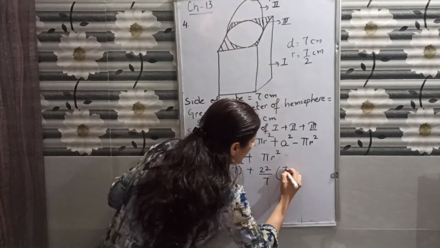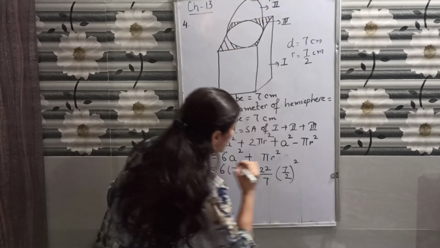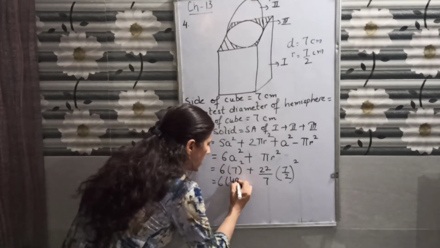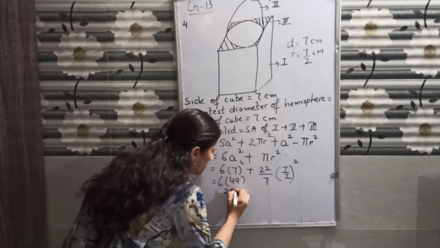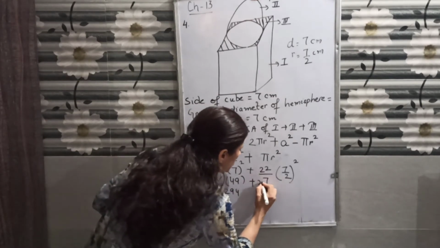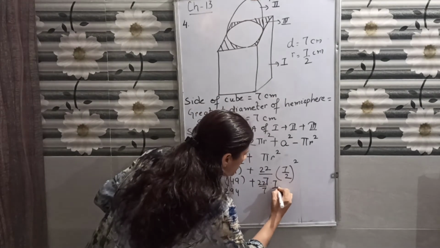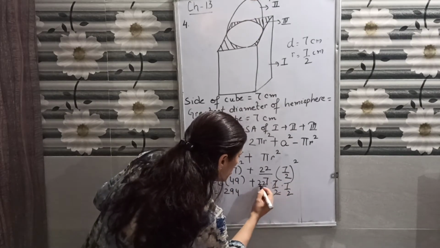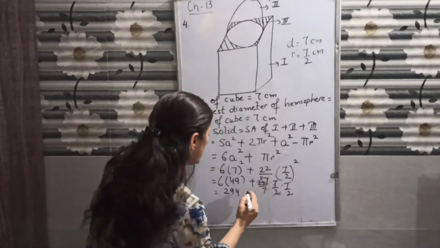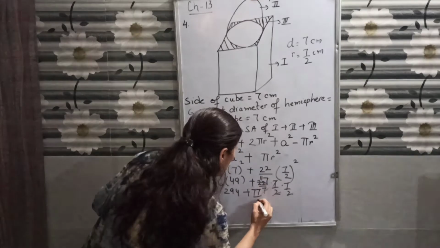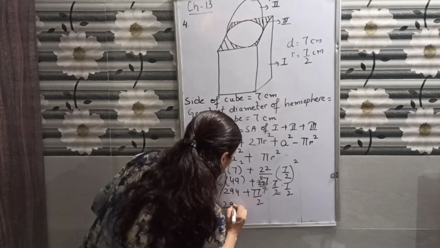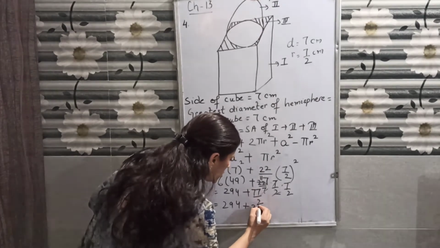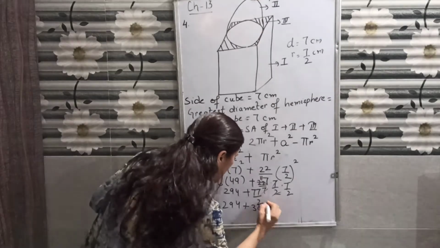So here I write (7 by 2) square. 7 sevens are 49, so this will be 294, plus 22 by 7 into 7 by 2 into 7 by 2. 7 will cancel with 7. 2 elevens are 22, so 11 into 7 is 77 by 2. So this is 294 and 77 by 2 is 38.5.